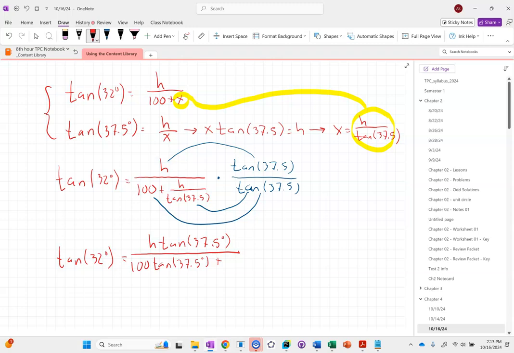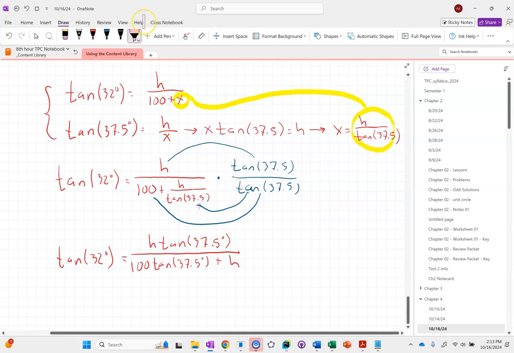I just get h, right? I'm talking about this multiplication right there. Everybody see that? Okay, so that's a little bit better.